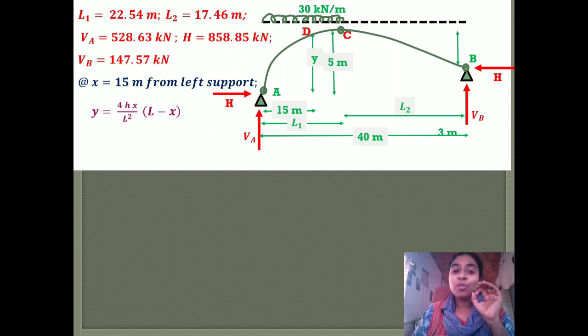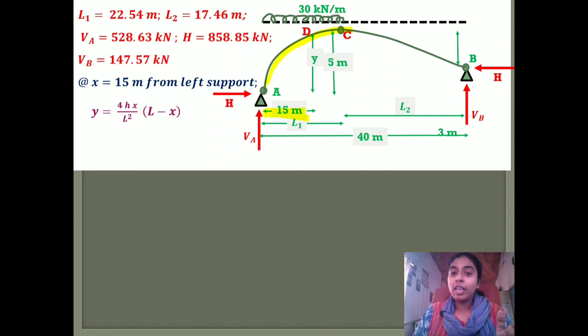So we have to first extend this problem, that is extend this left half, because this x is 15 meter, this x lies on the left half of the arch. X lies between A and C. So we are considering the left portion of the arch, that is between A and C. So when we consider the left portion between A and C, this is half of the parabola.